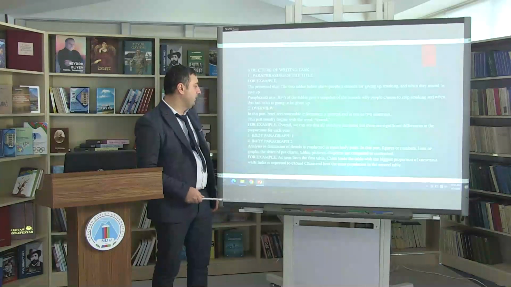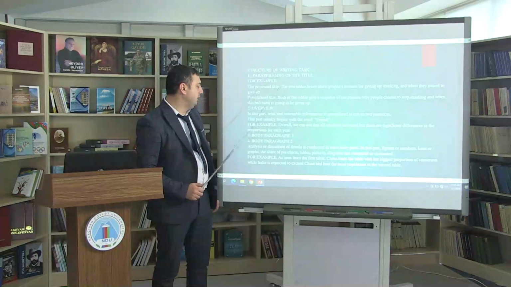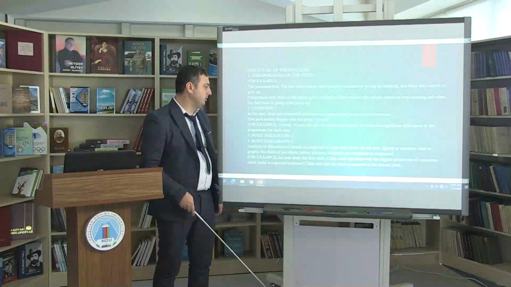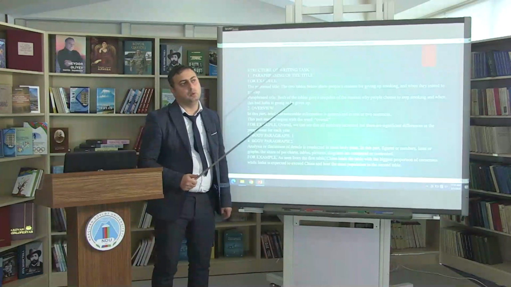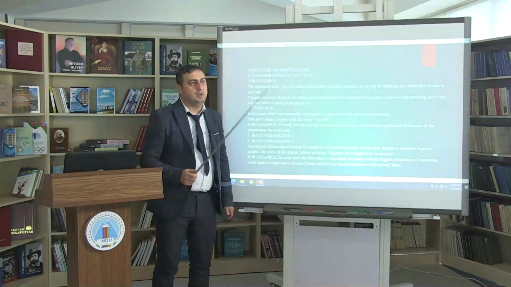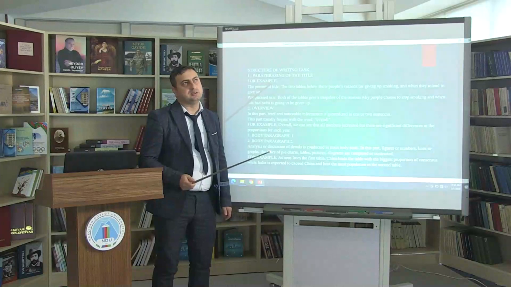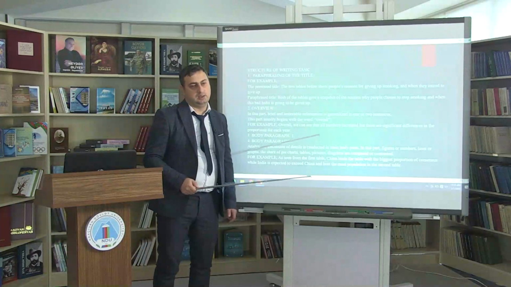Then body paragraph 1 and body paragraph 2. They are mainly used in writing task 2, but there is no such concrete rule that you should use body paragraph 1 or 2 in task 1. It depends.